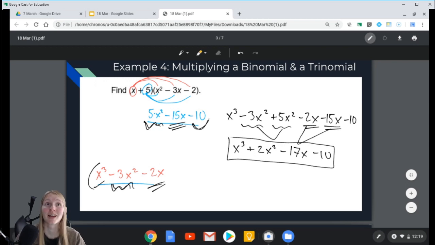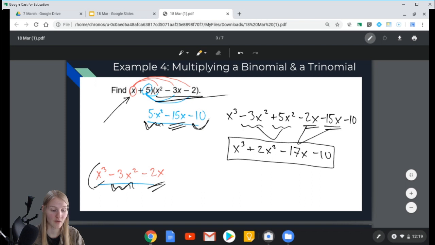Ta-da! Okay, so just to recap, I take my first term in the binomial. I take x. I multiply it to everything in that trinomial. Everything. And then that gives me my red trinomial down here. Then I take the 5.